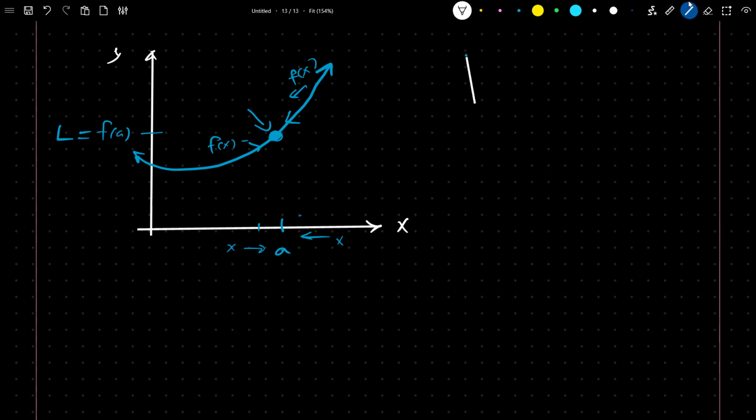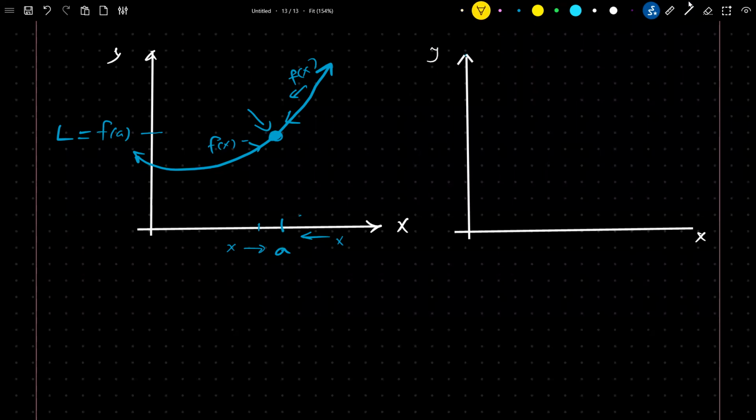And that is the case where we've got a function like this one. So let's see. We've got this function here, and I want to make the function like this one. So I'm going to go like this.